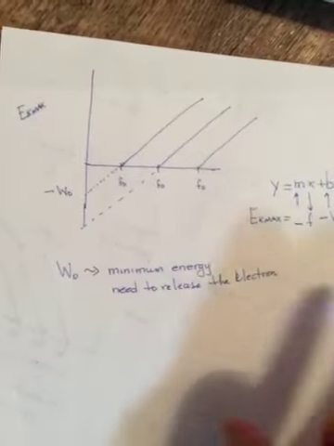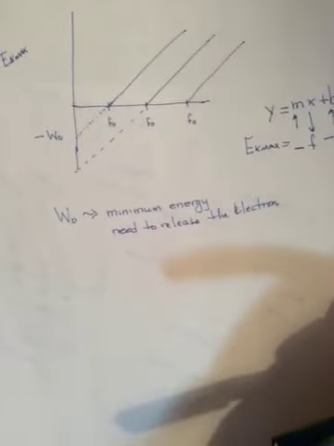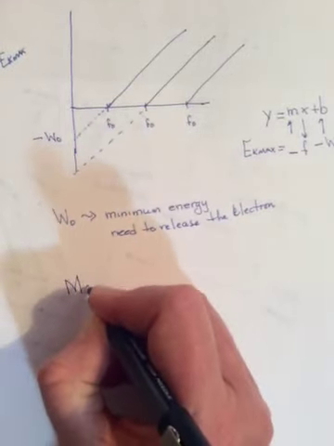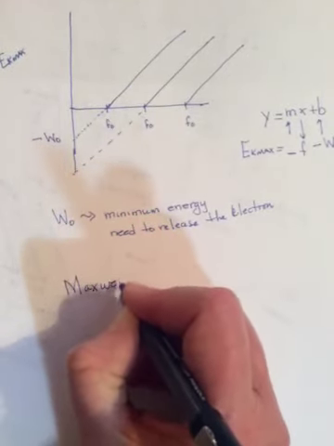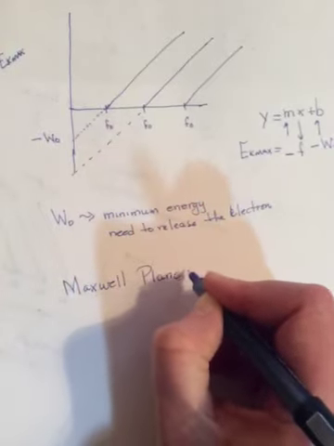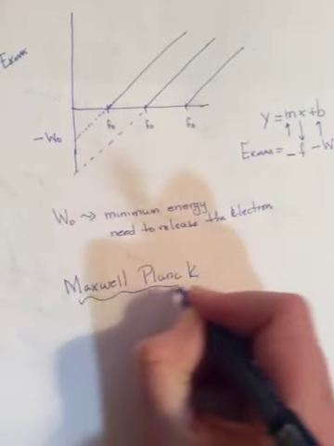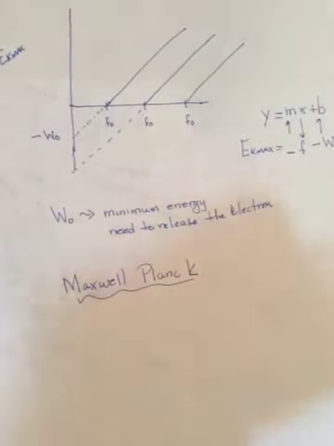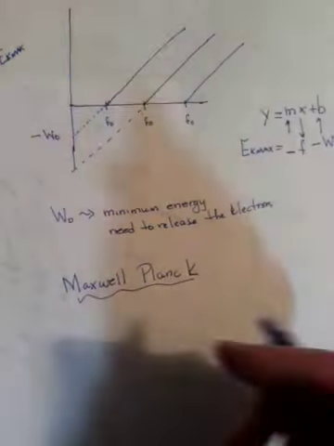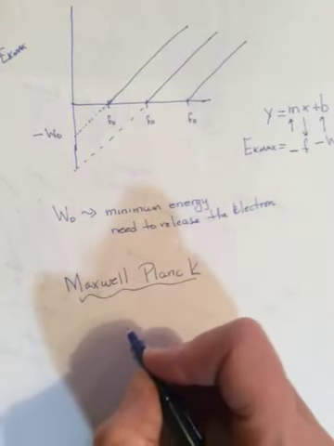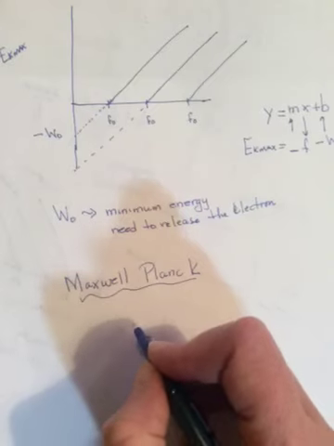And we have to pause for a minute, and we have to talk about a guy that you would have heard of in grade 11 chemistry. His name was Maxwell Planck. What they probably didn't tell you in grade 11 chemistry is that he was a physicist. And Maxwell Planck was the guy that suggested that atoms couldn't emit electromagnetic radiation, couldn't emit energy, in a continuous stream.